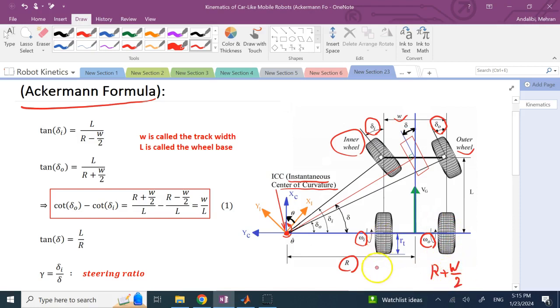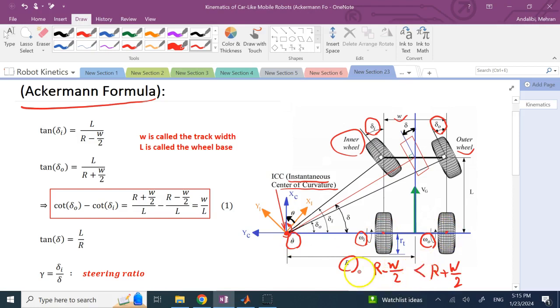The other one goes on a circle with radius R minus W over 2. And since they have to do it in the same amount of time, or with the same angular velocity theta dot, and V equals R times omega, then since the radii are different, the velocity of the centers of these tires should be different.